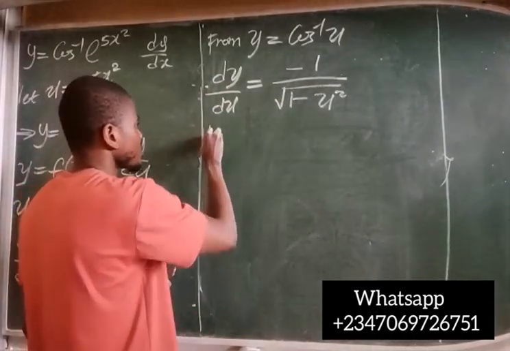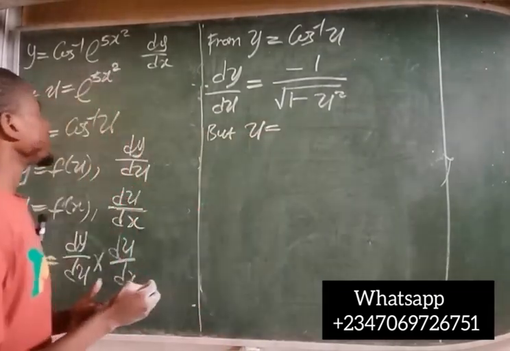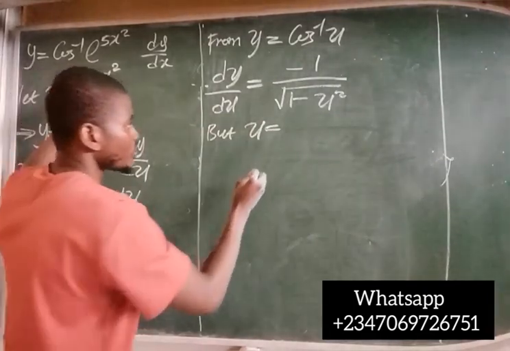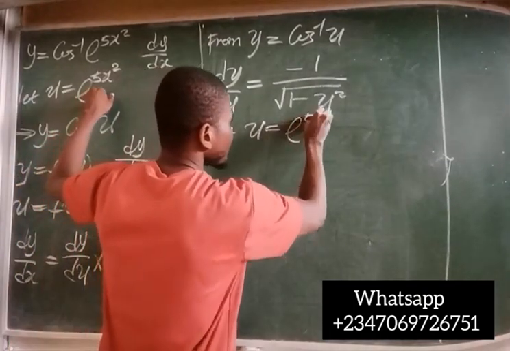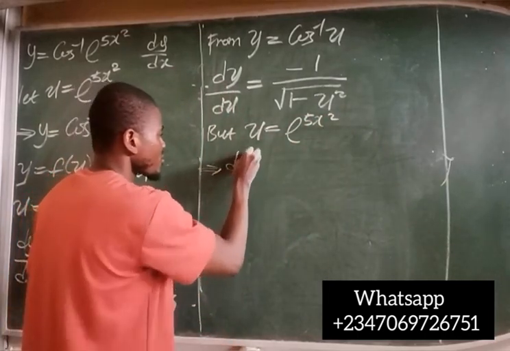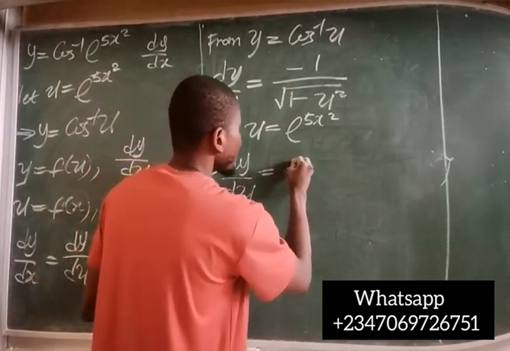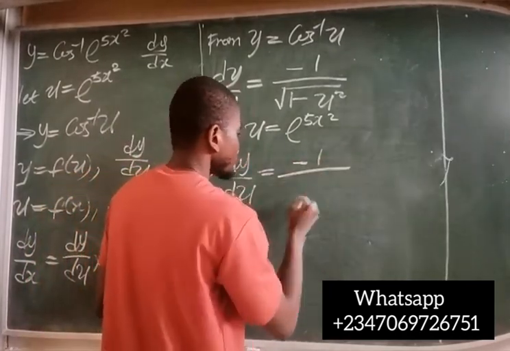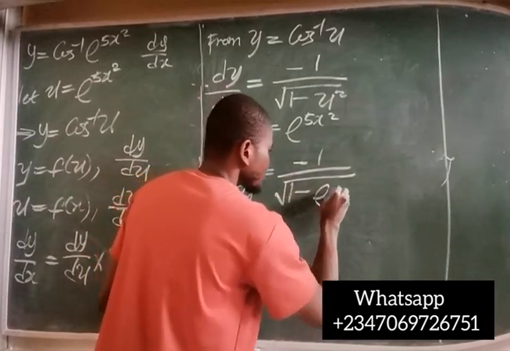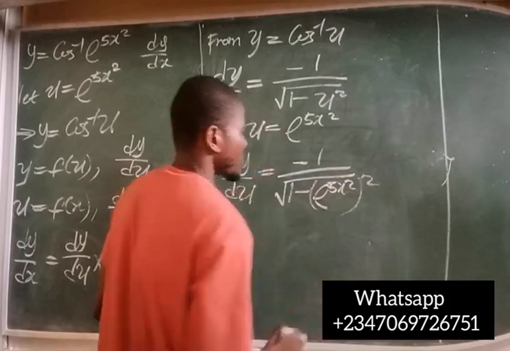But recall that u is actually what? We said let u be exponential 5x squared. So u is actually exponential 5x all squared. So this actually implies that dy all over du is now equal to minus 1 all over the square root of 1 minus (exponential 5x squared) all squared.